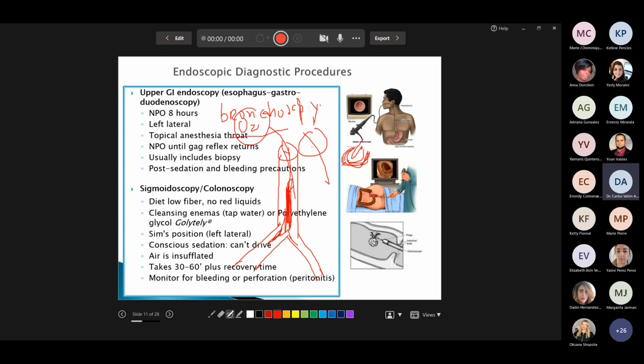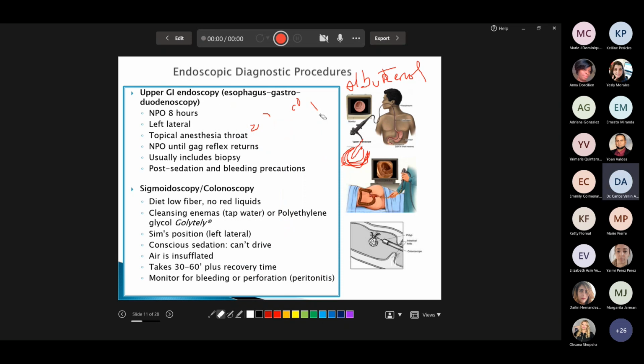So albuterol is frequently used before and after, to dilate the bronchi and deal with this bronchospasm. But the rest is the same, for the care of a client with a bronchoscopy.